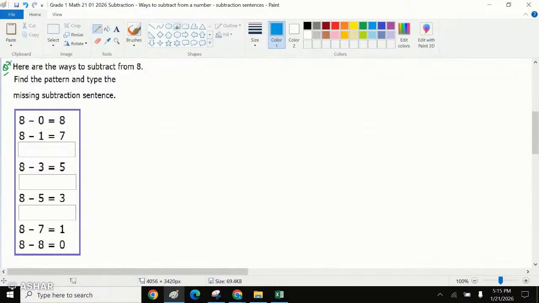So looking at the question, what we can say is the numbers are being subtracted from 8. So that means the first number should be 8 for every one of them, right? 8 minus something would be equal to an answer. 8 minus something would be equal to an answer. And 8 minus something would be equal to an answer, right?